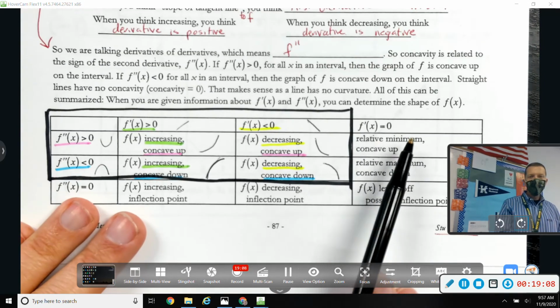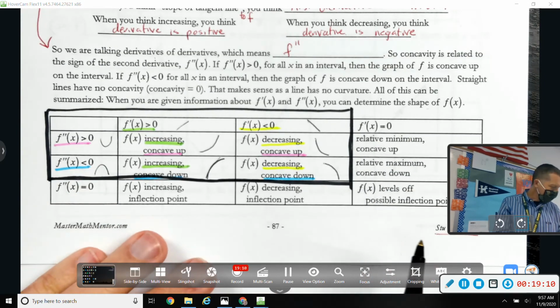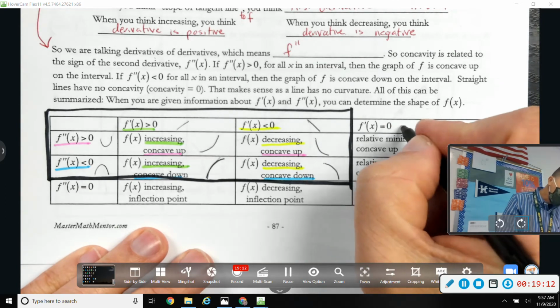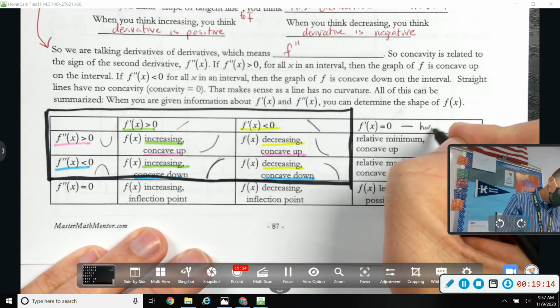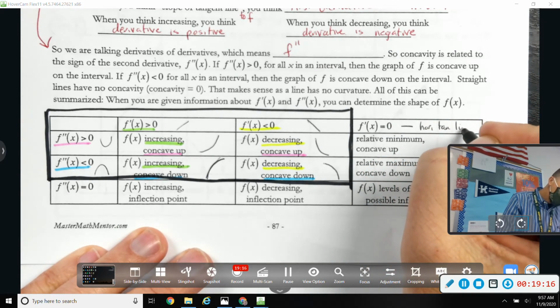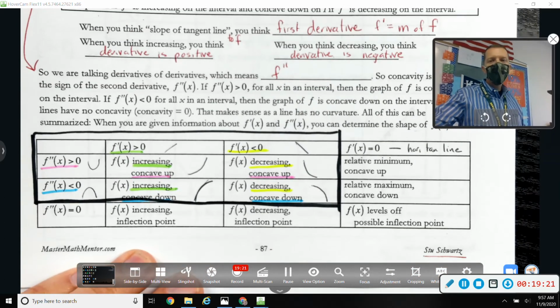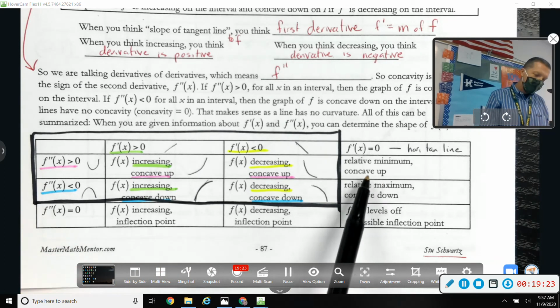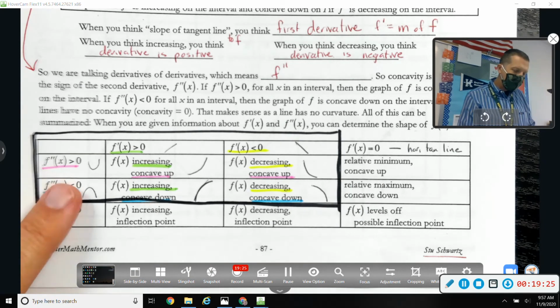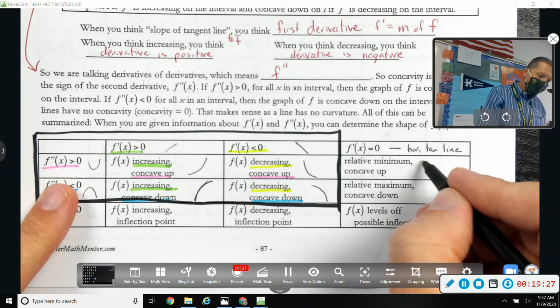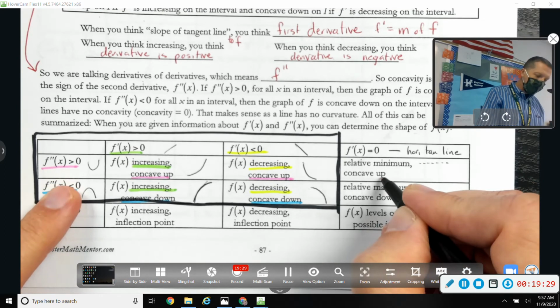Let's move over to the right-hand column here. If f prime equals 0, that would mean we have a horizontal tangent line. So let's think about this. A horizontal tangent line, but also concave up.